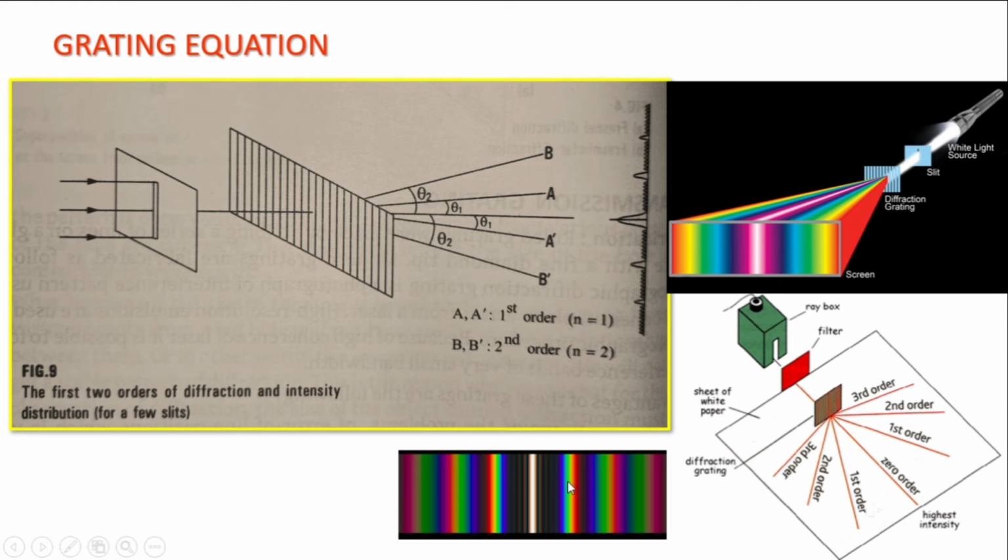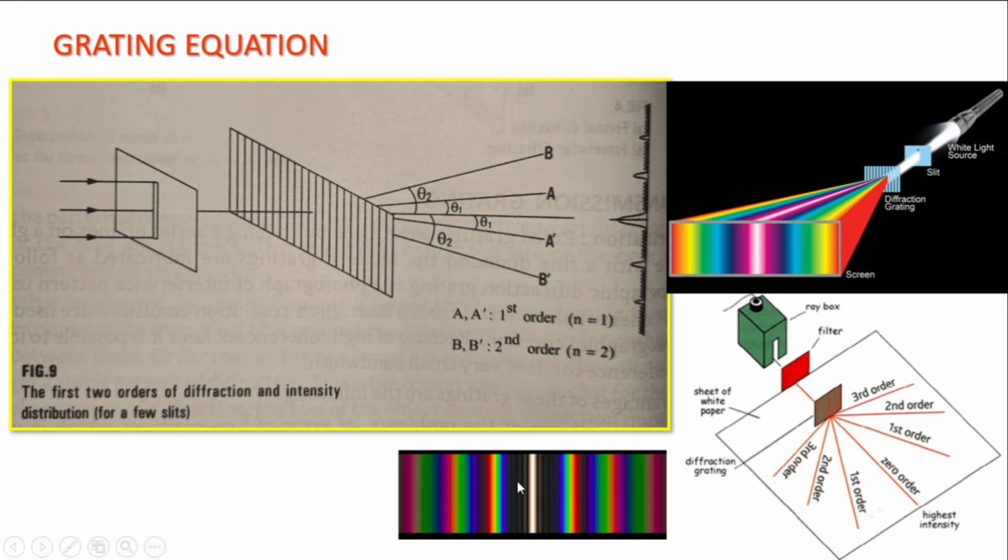This is what we can observe if we use a white light source. A white light source is used in our spectrometer experiment in our laboratory. There we can see the VIBGYOR. For the central maxima, the diffraction pattern will be white light itself.